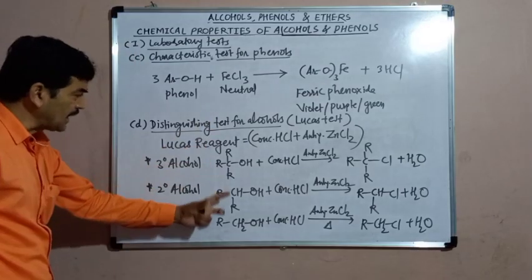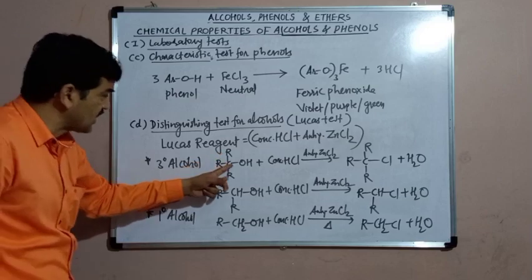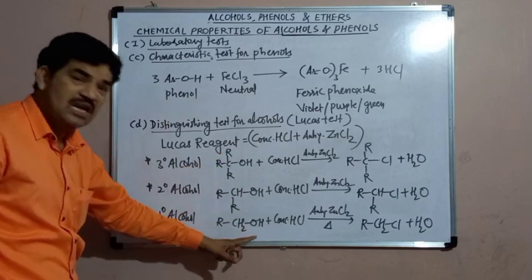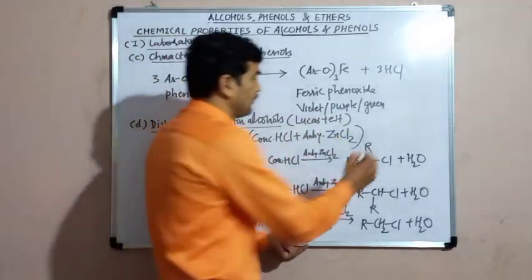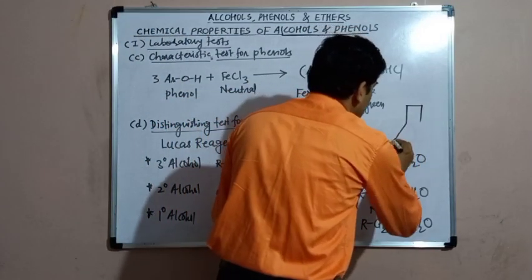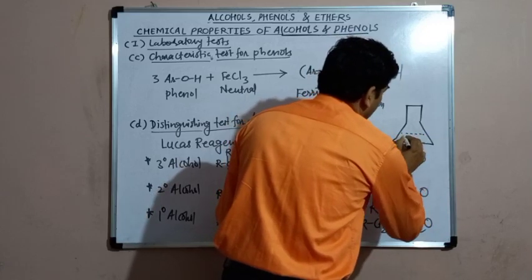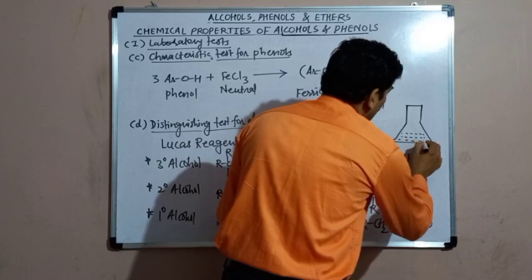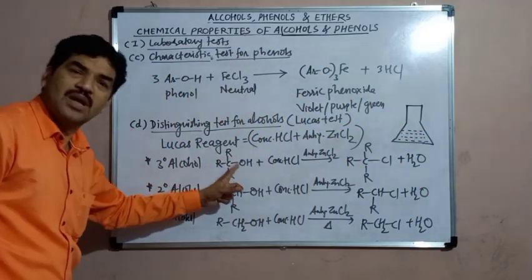The order of reactivity of these three types of alcohols with the Lucas reagent is tertiary greater than secondary greater than primary. The tertiary alcohol gives the turbidity immediately. Suppose this is a flask, and in this flask there is a clear solution. That clear solution gets converted into a turbid solution immediately if the alcohol is tertiary.